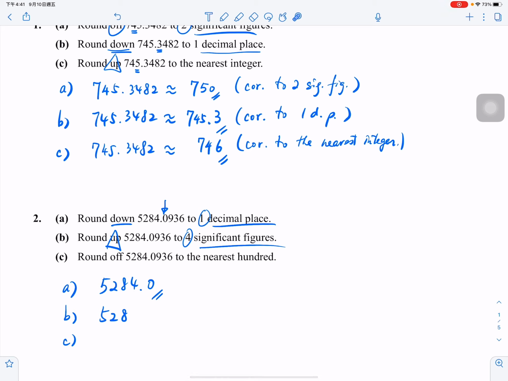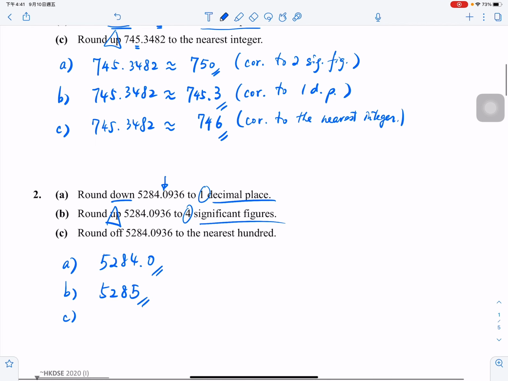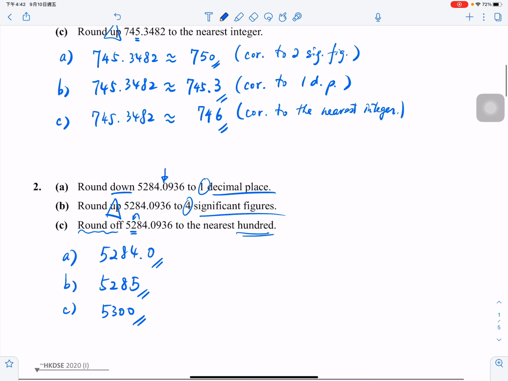Then you see 0.0936, that means you need to add 1. So 5,285. Last one, round off to the nearest 100. That means 500 something, 5,000 and then 8, that means 5,300. This is the answer. Not difficult, right?